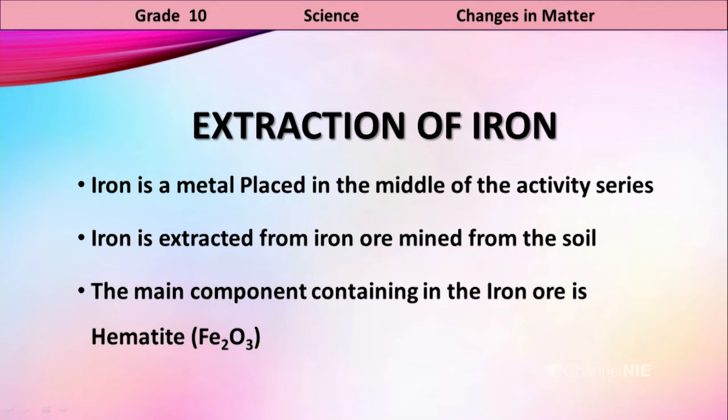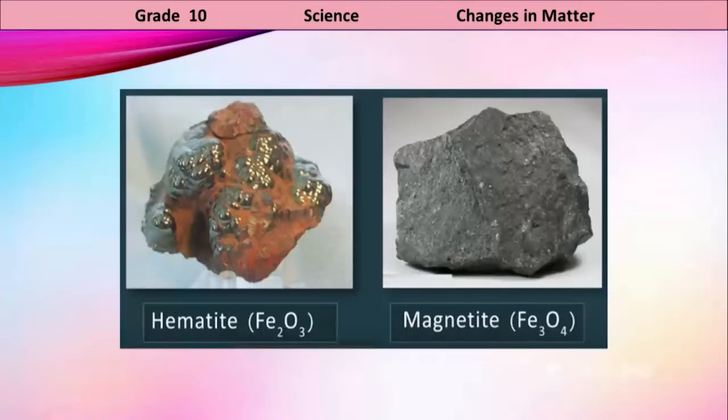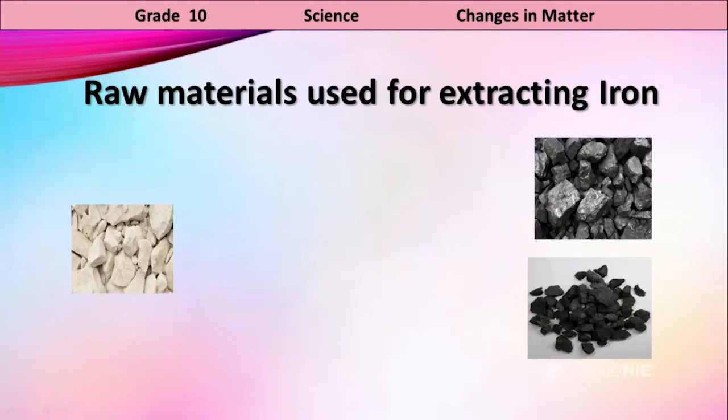The main component present in iron ore is hematite. Sometimes a little magnetite can be present with the iron ore, but here we consider hematite only.